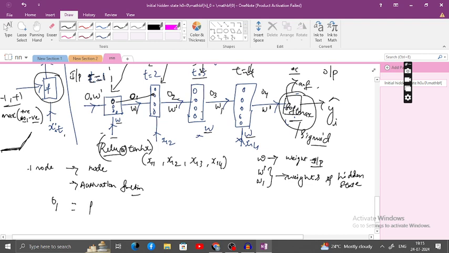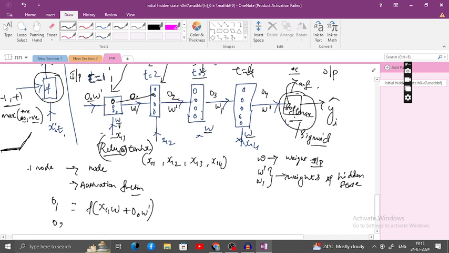O1 is dependent on x11 as well as on w. So x11 into w plus, already you have a dummy O0 into w dash.